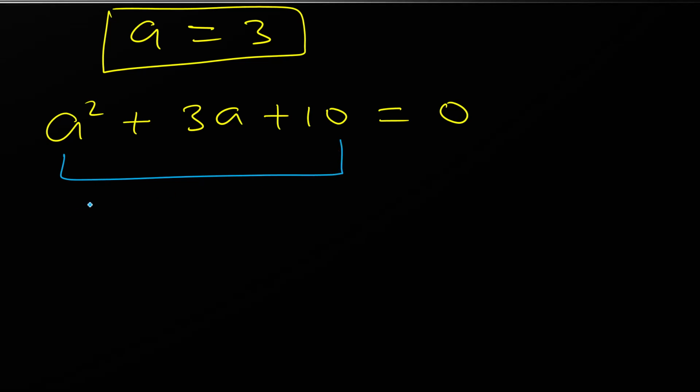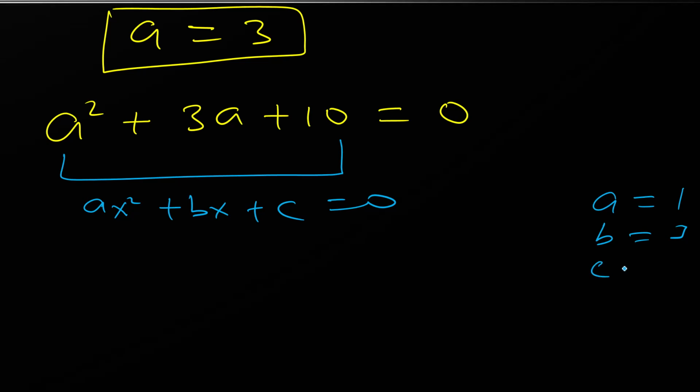ax squared plus bx plus c equal to 0. Here a is 1, b is 3, and c is 10.